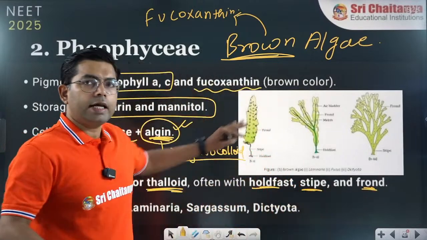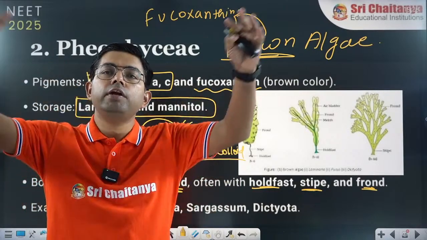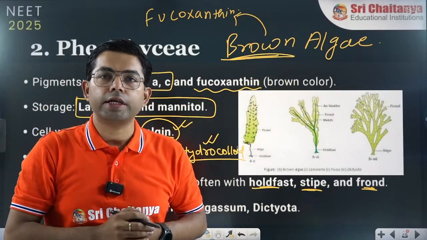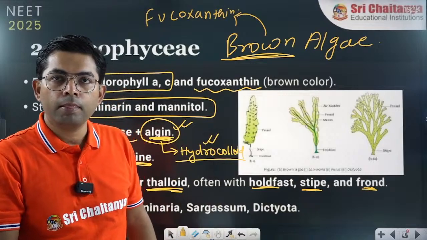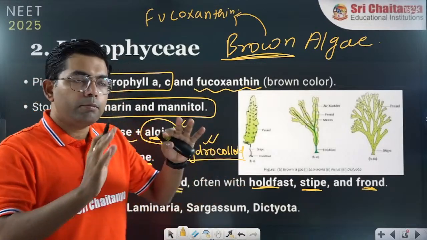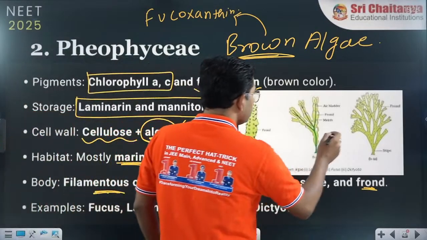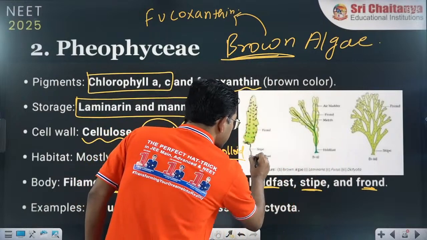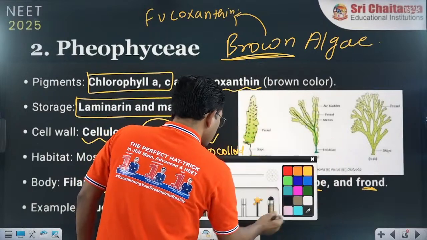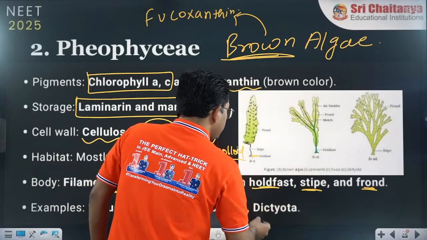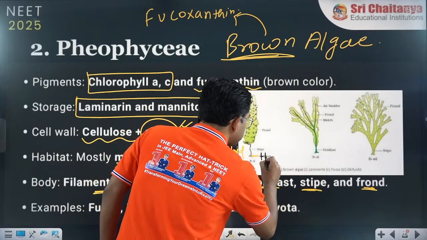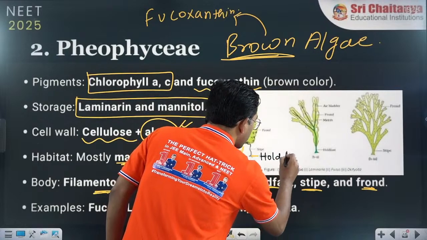Now understand here, brown algae is comparatively very large as compared to green algae, as you can see in the diagram. So they are large, so their main body is divided into three parts. If it is not visible here, I will write it down. So it is divided into three parts. First, the base part is called holdfast.